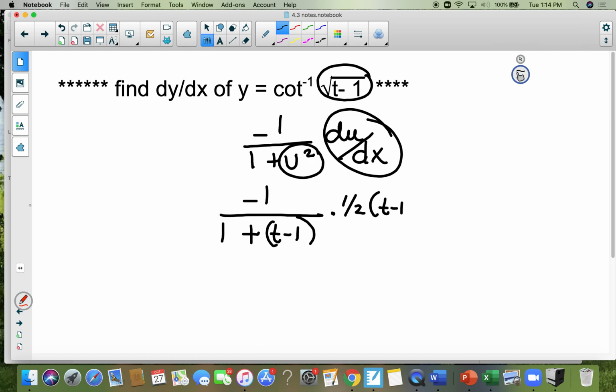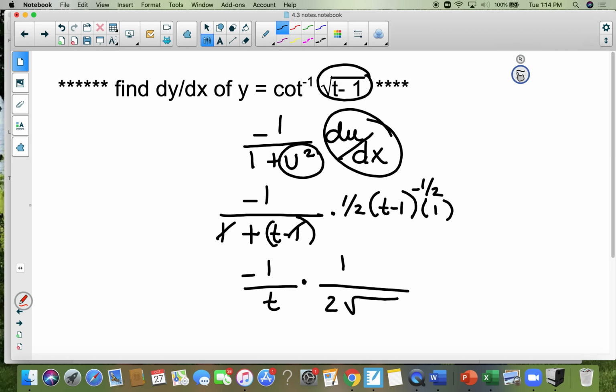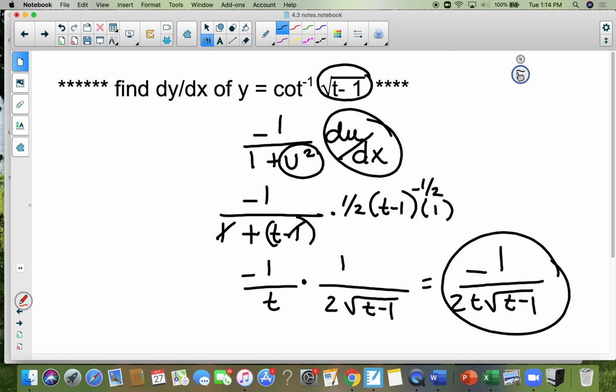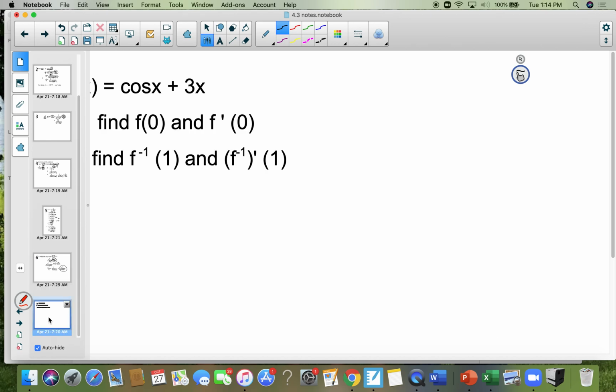Leave the inside alone, make that a negative 1/2, and the derivative of t minus 1 is 1. So now we have to simplify this. These two cancel out, so we're left with negative 1 over t times 1/2 square root of t minus 1, which simplifies to a negative 1 over 2t root t minus 1. That's the derivative.